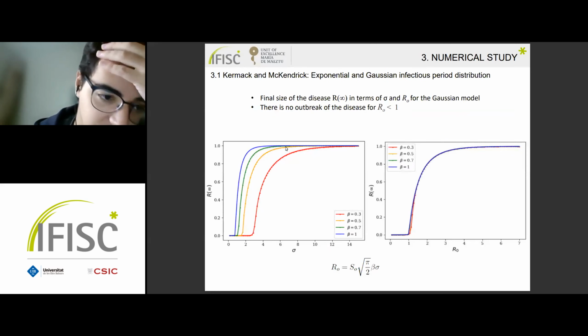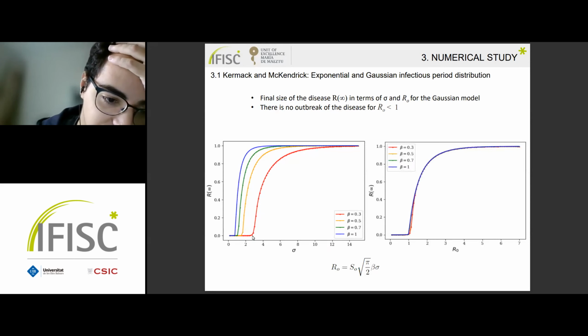In this case, we analyze for the Gaussian case the final size of the disease in terms of sigma and the reproduction number. The final size is equal to the final number of recovered individuals. So here, for each beta, for each infection rate, we see a different threshold for sigma.